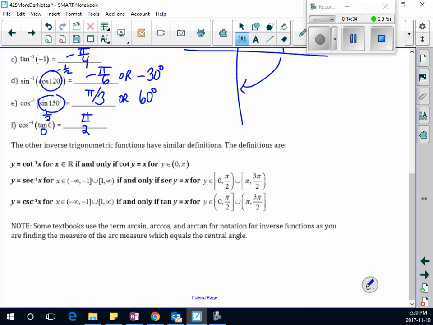Okay, so of course I could go on and on. There's inverse cotangent, and you hardly see these. However, they could be in there, so I would put that on your recipe card as well. Some textbooks use what's called arc sine and arc cosine.